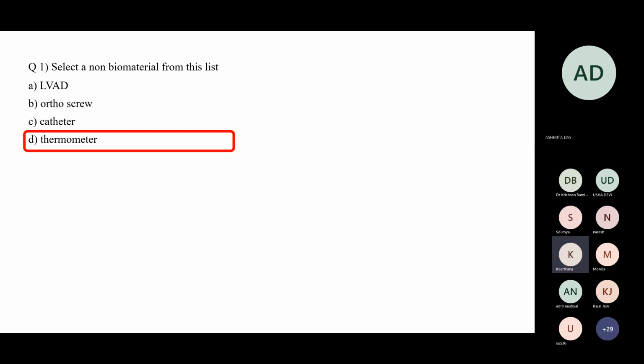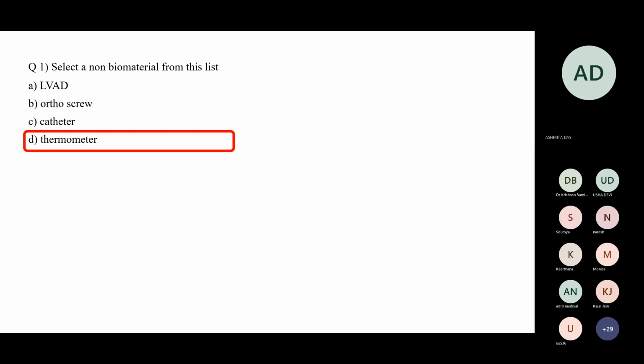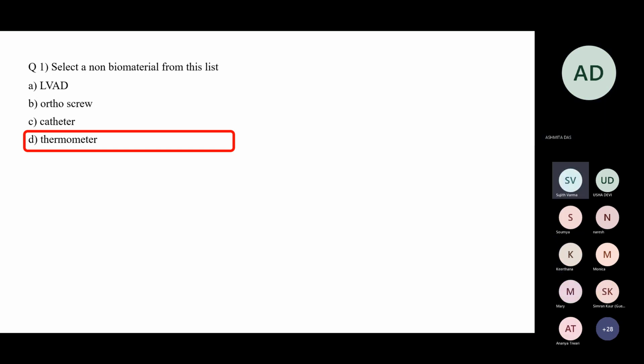Okay. And what is a thermometer and what is its use? To measure the increased body temperature.